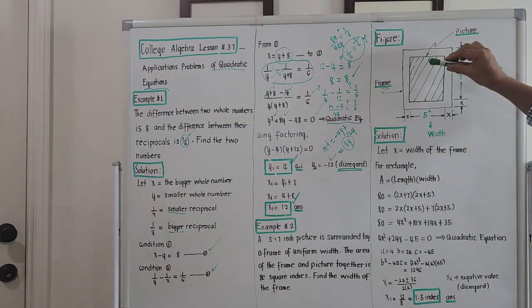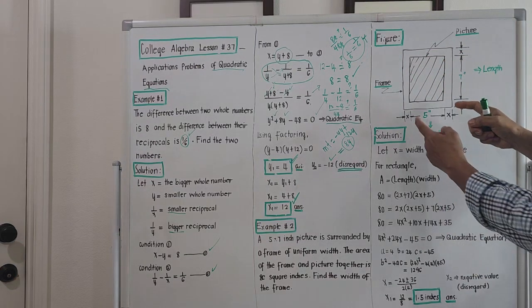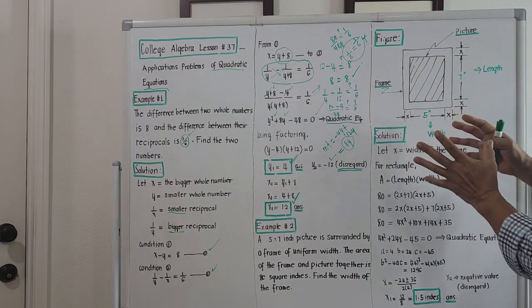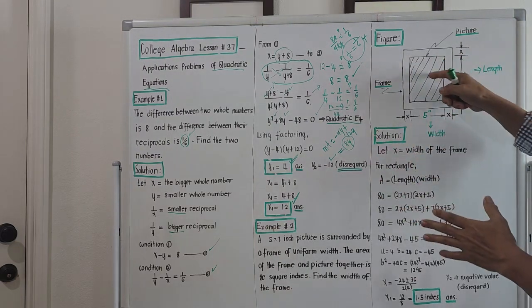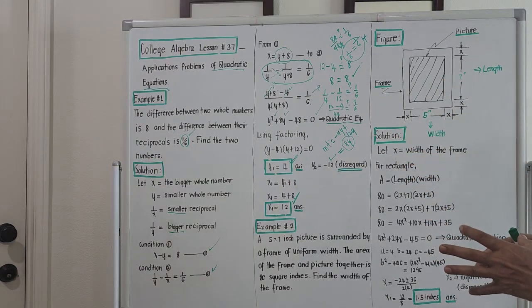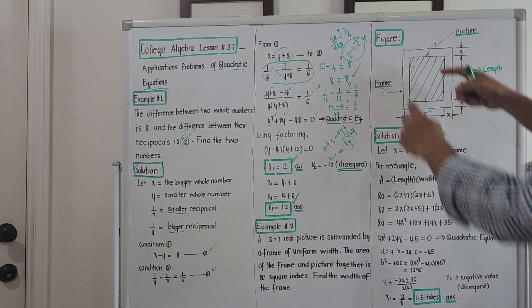We are given a frame, the shaded area. The dimension of the picture is 5 by 7. And this picture is mounted on a frame, okay? This is the frame, right? This one.